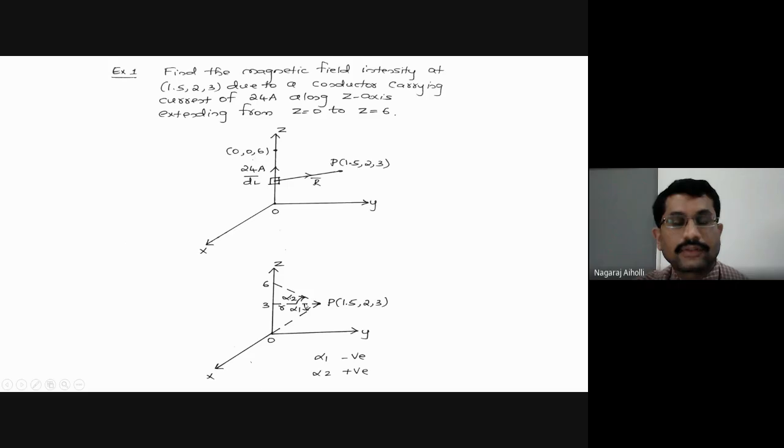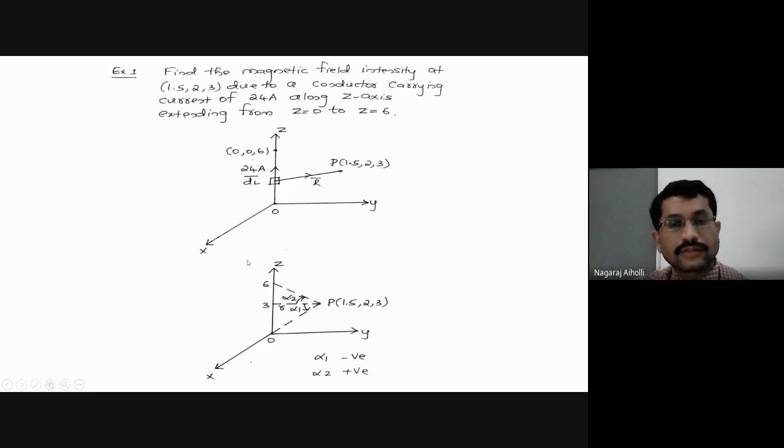Please mute your cell phones when others are answering. Alpha 2 is positive because it is above the point P of interest. Alpha 1 is negative and alpha 2 is positive.